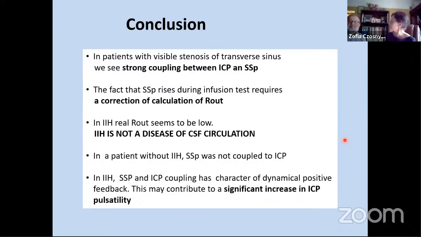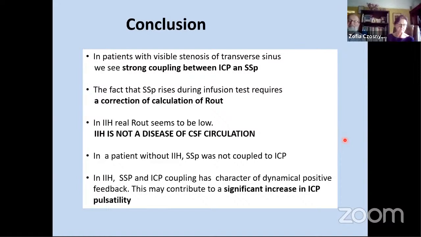And moreover, Prof, I think that we've been talking about this positive feedback loop. Positive feedback loop in theory of systems does not always produce oscillations. The system may be locked in a high pressure state when the transverse sinus is collapsed, and undoubtedly intracranial pressure is related to this value of sagittal sinus pressure we presented today.